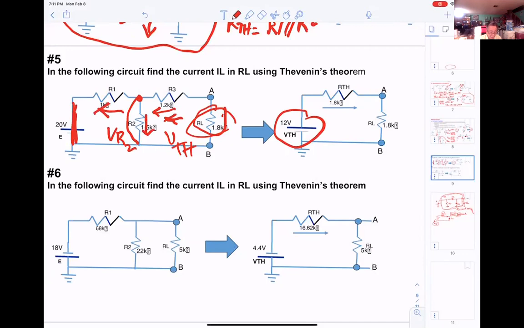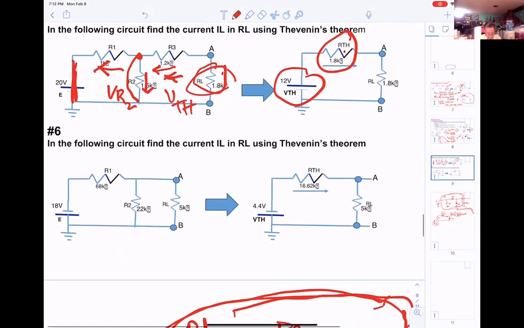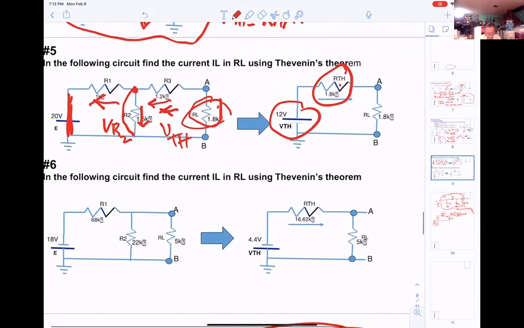So the two resistors, R1 and R2, will be in parallel. And that's why you can get that value here. Okay, let's see, that is the same thing. You're just doing exactly the same thing. The only difference is the voltage now will be negative.